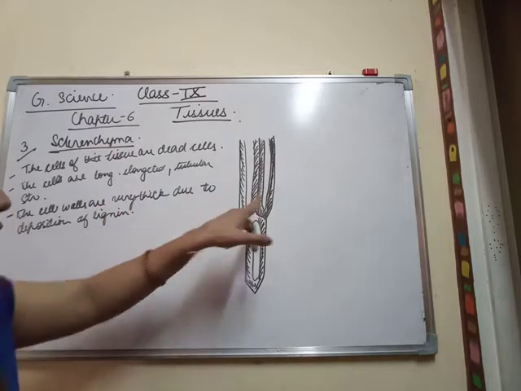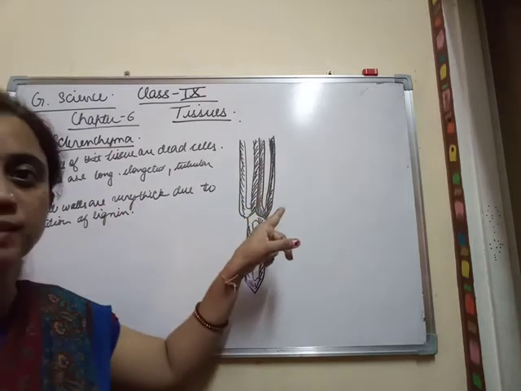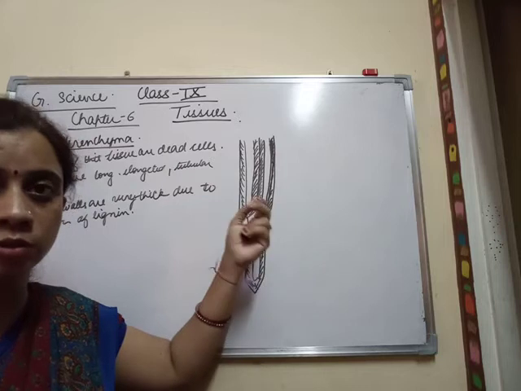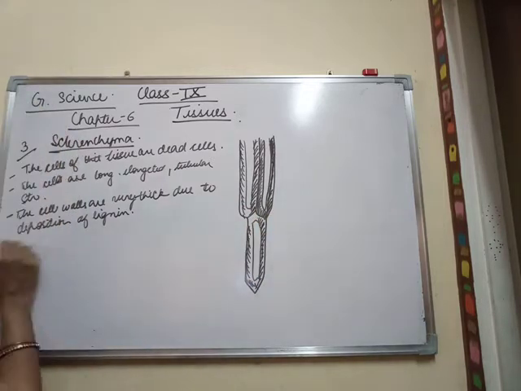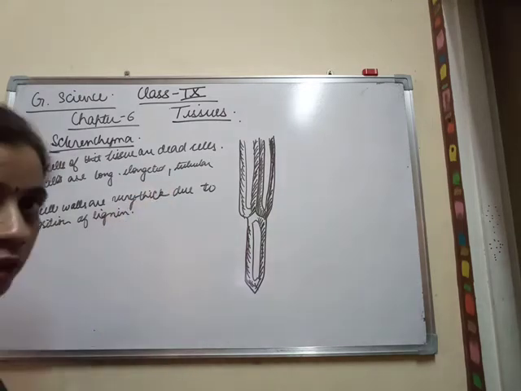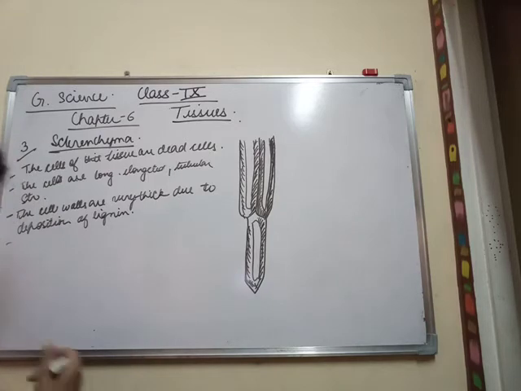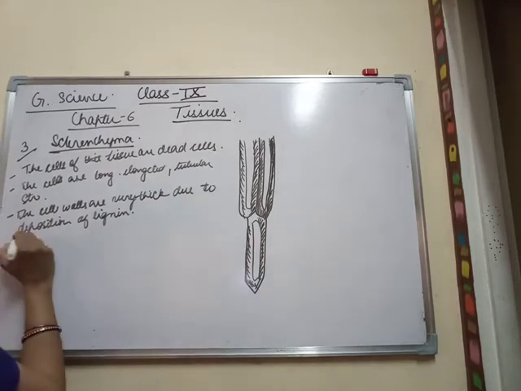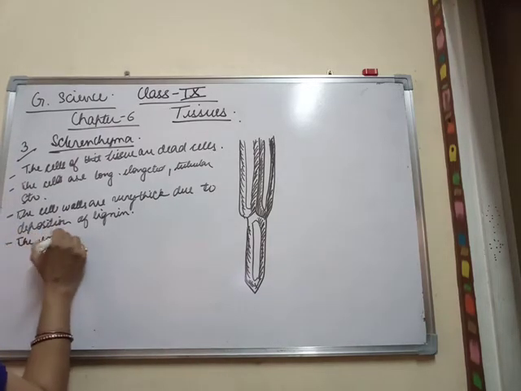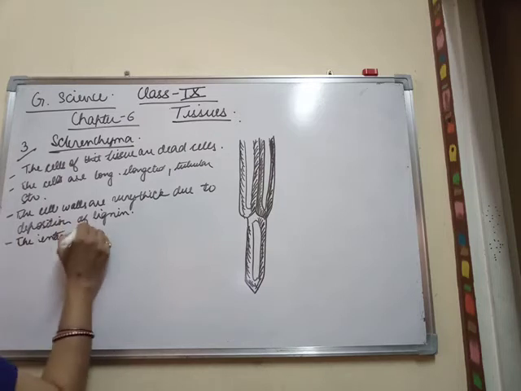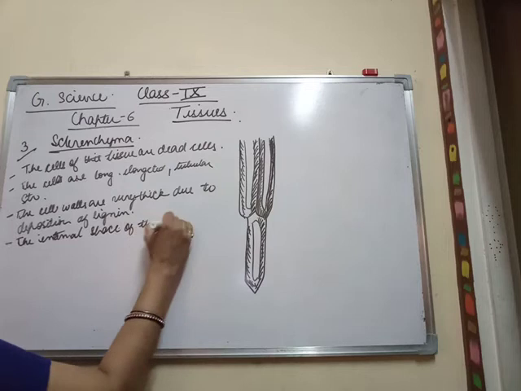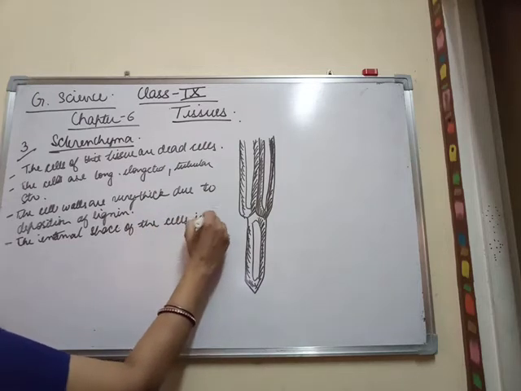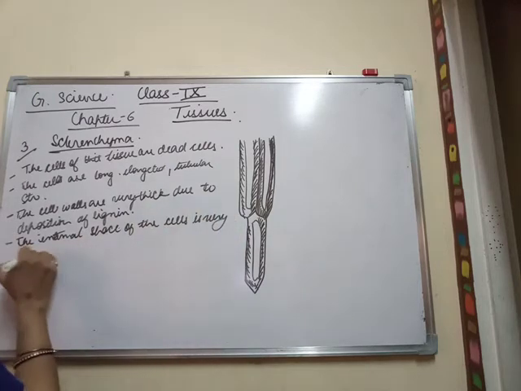As you can see, this shaded portion is the cell wall, which is thickened due to a large amount of deposition of lignin. Since the cell walls are very much thickened, the internal space of the cells is very, very small.